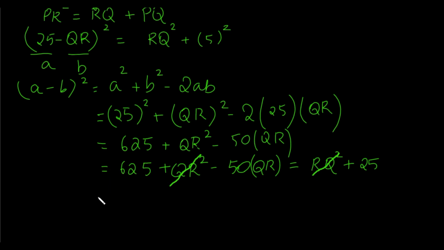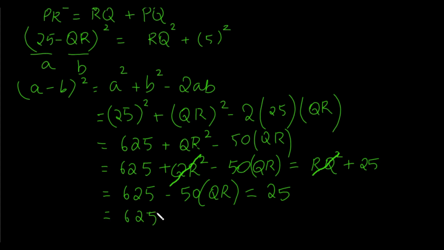So the left out equation is going to be equal to 625 minus 50 QR is equal to 25. So that's going to be equal to 625 minus 25 is equal to 50 QR.